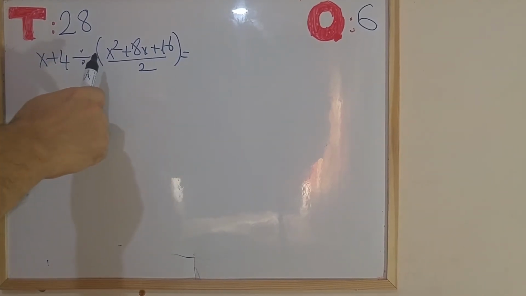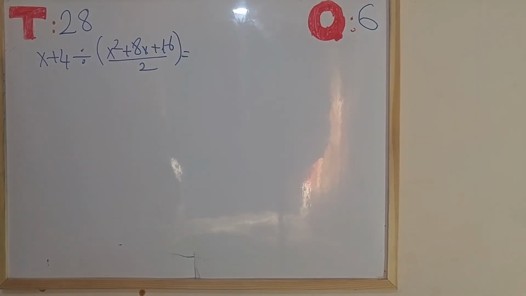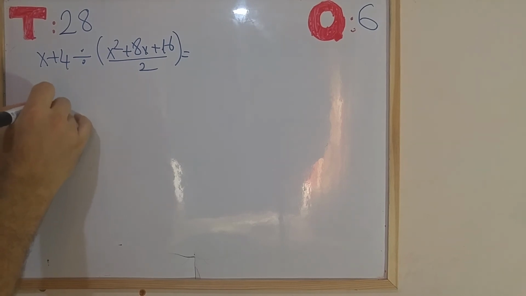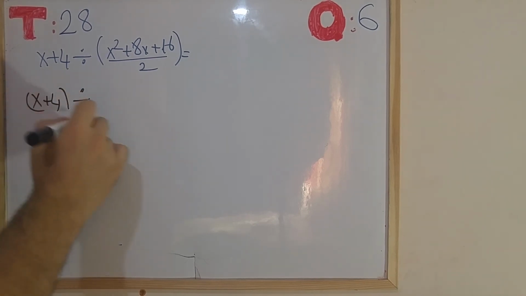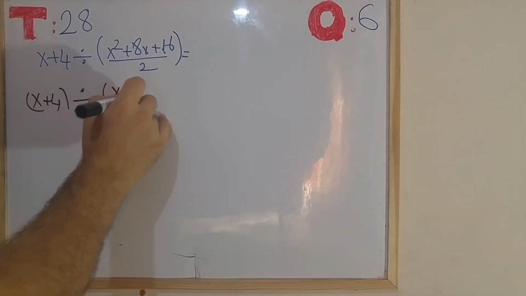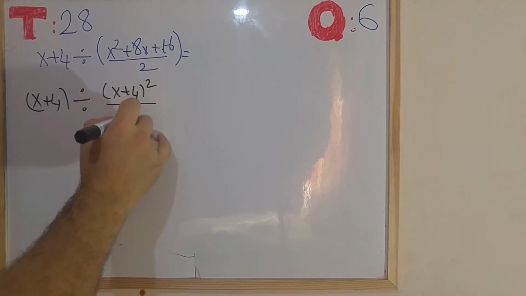Here we can see that x squared plus 8x plus 16 is equal to x plus 4 squared. So I can write it down like this: x plus 4 divided by x plus 4 squared over 2.